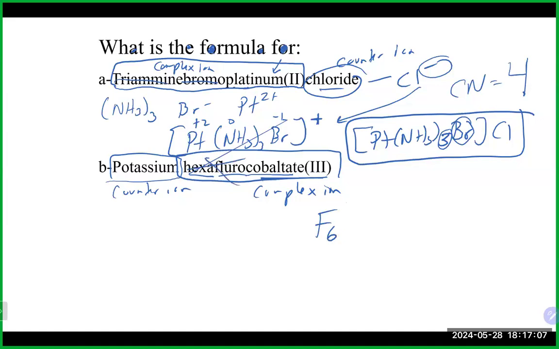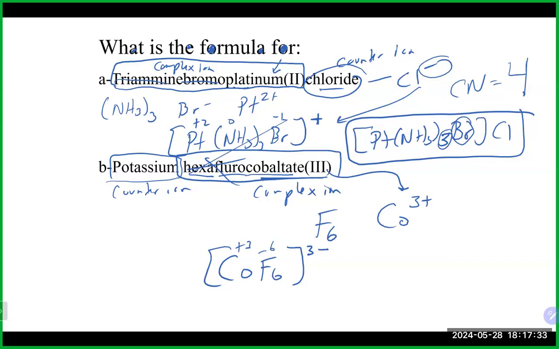Takes care of that. I got a cobaltate, which is a cobalt with a +3 charge because of the Roman numeral. So if I build my complex ion part, I got a cobalt. You don't really need parentheses around the F unless you like to. That's going to give me a -6 and a +3, which means my complex ion here is actually carrying a -3 charge.